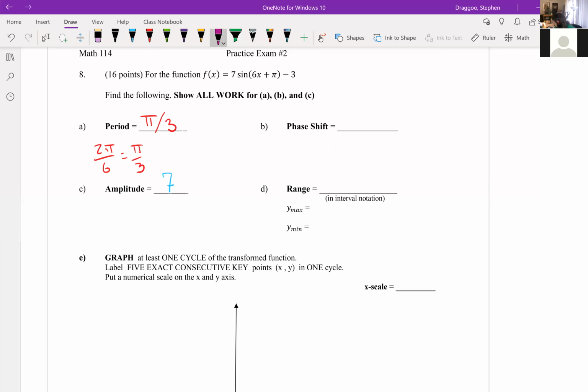That phase shift is c over b. So negative pi divided by 6. Keeping in mind that c is negative pi.